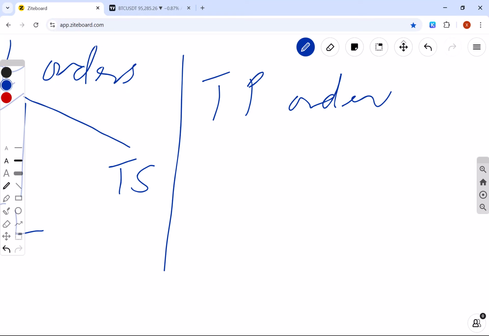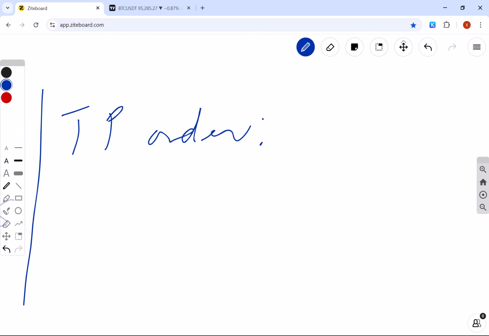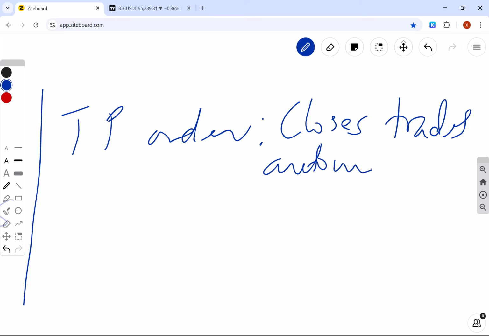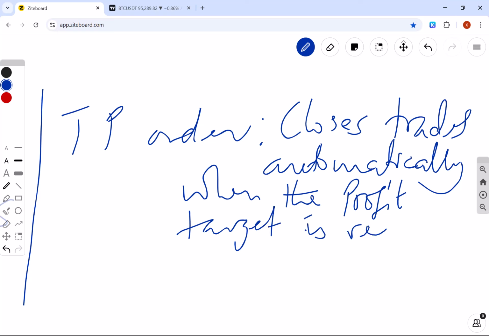So this closes trades automatically when the profit target is reached.